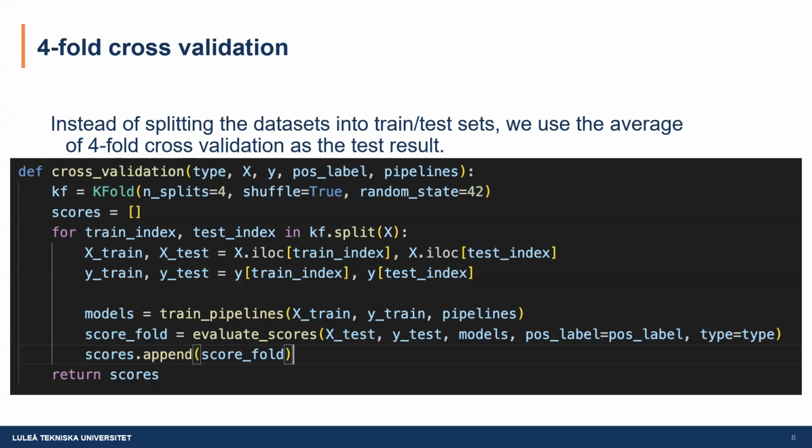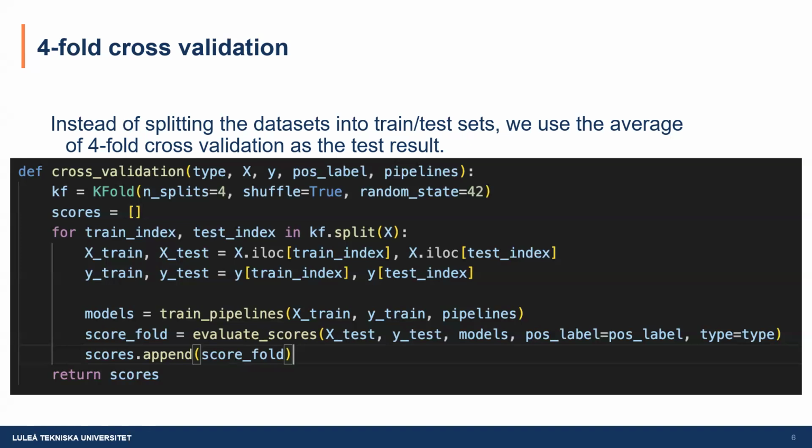This process is repeated K times, and the performance metrics are averaged. This leads to a more reliable estimation of the model's performance, since it considers multiple train-test splits.